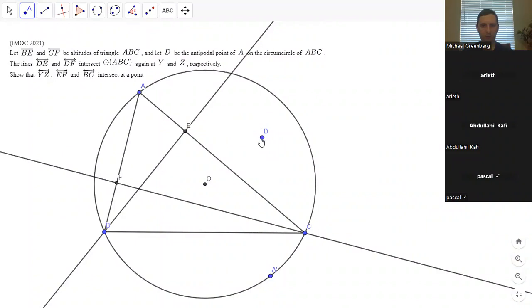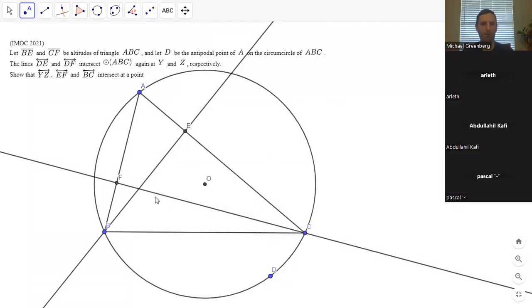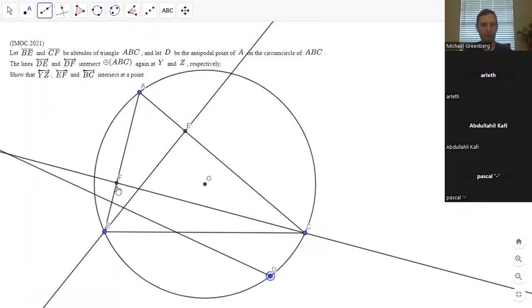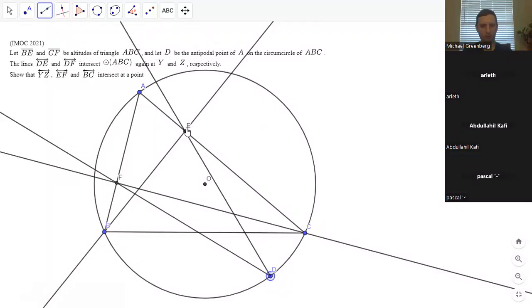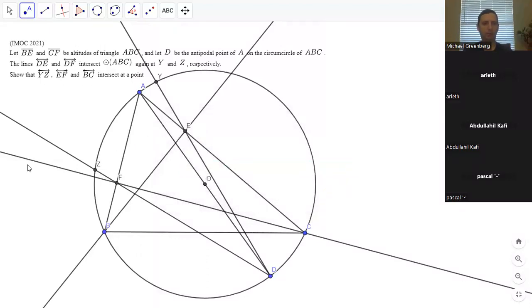This is D. And then we draw DE and DF, and they intersect at Y and Z. First, I'll draw this diameter. So this is Y. This is Z. And YZ, EF, and BC, we want to show they concur.